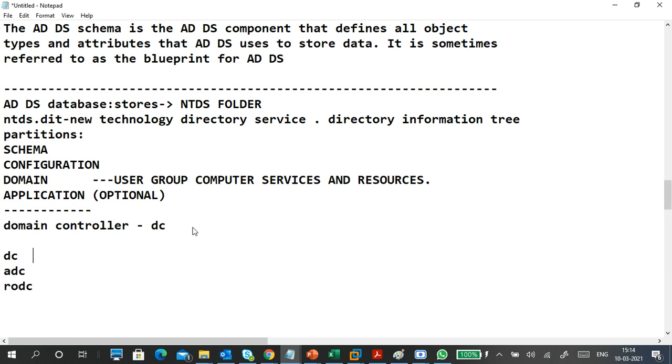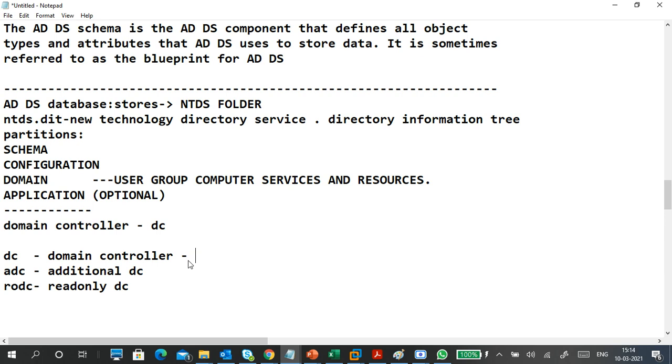I told three DCs: DC means domain controller, ADC means additional domain controller, and RODC means read-only domain controller.